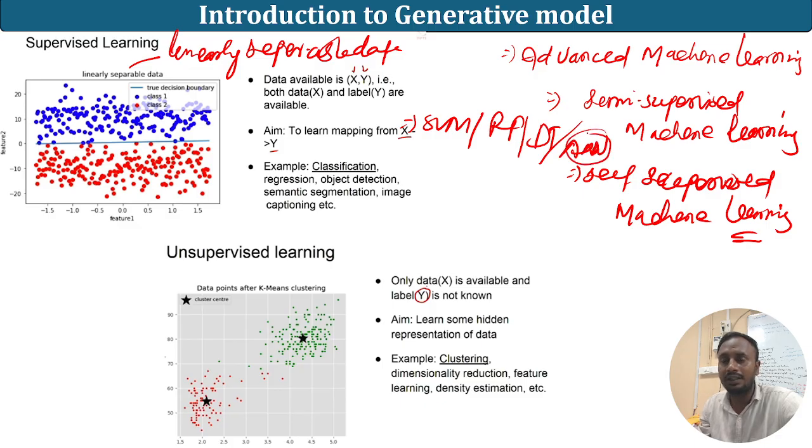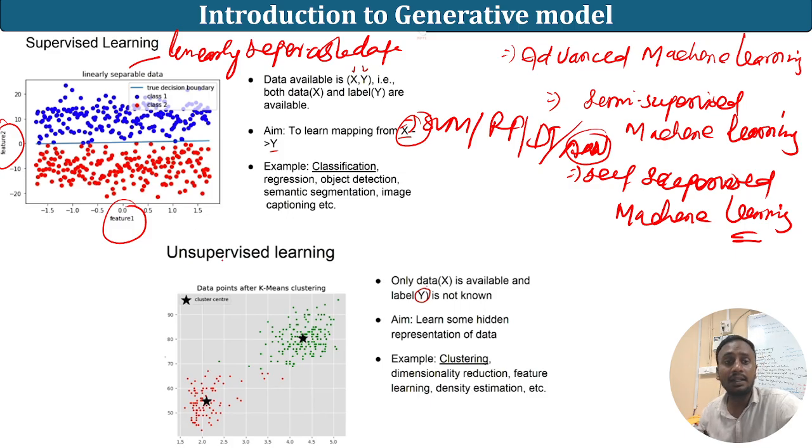The aim is to learn the mapping from X to Y, from the input to the output, using one feature, a second feature, and so on.